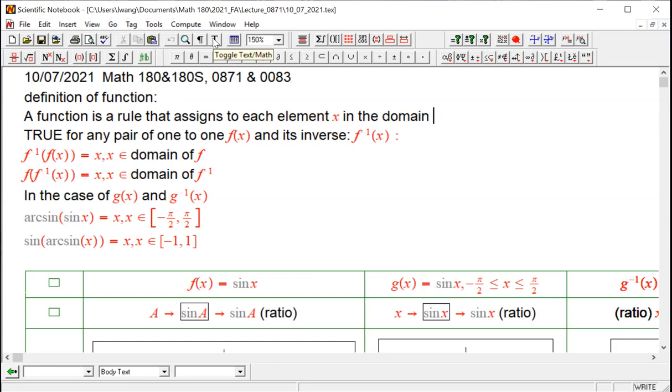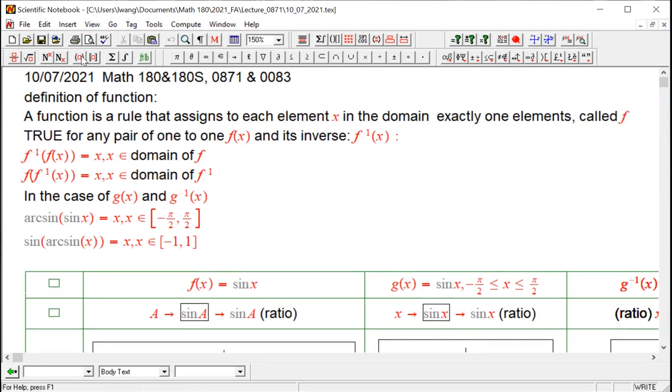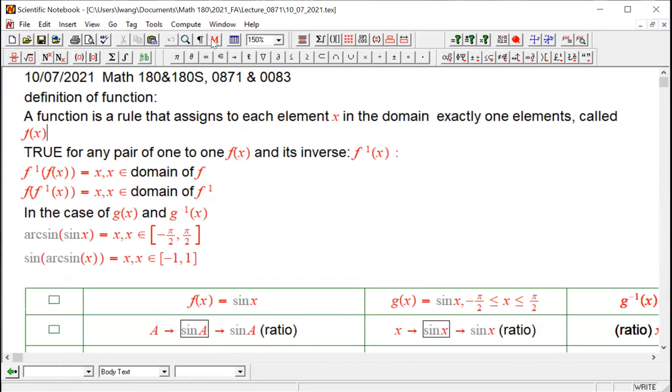Domain, exactly one element called f of x in the range of f.